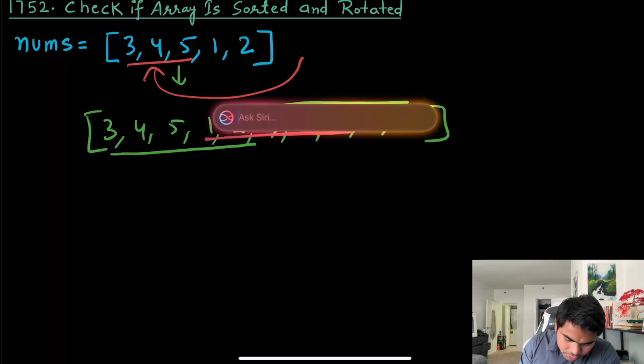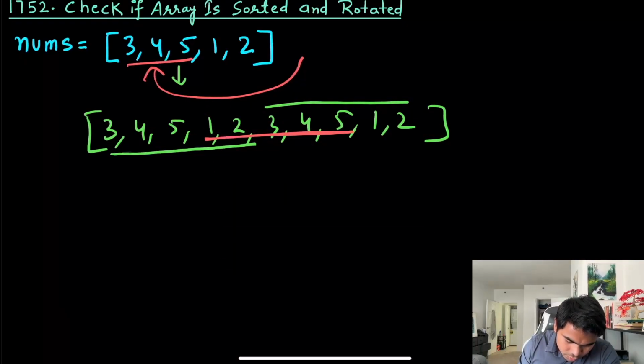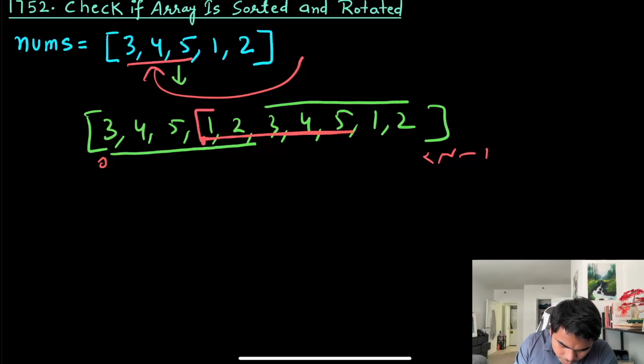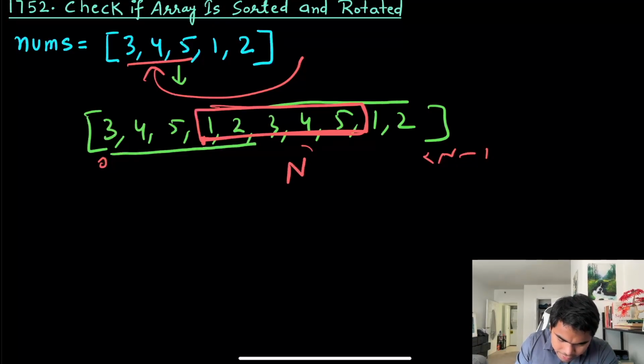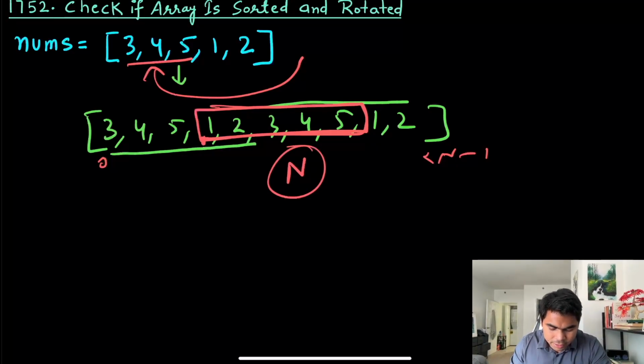In this range 0 to 2n minus 1, I will try to find that position, and starting there I will look for this sorted window, and if that window has the size n, that means our array was basically sorted initially and then it was rotated. So that is what we will be doing.